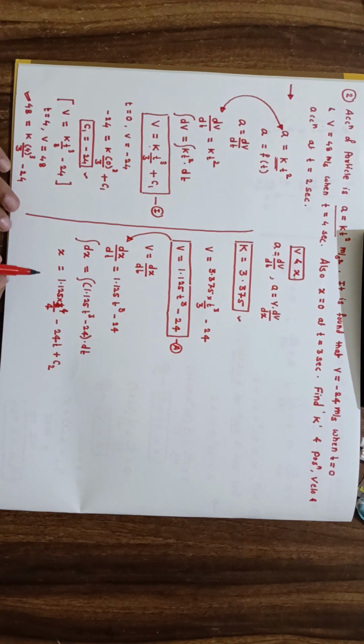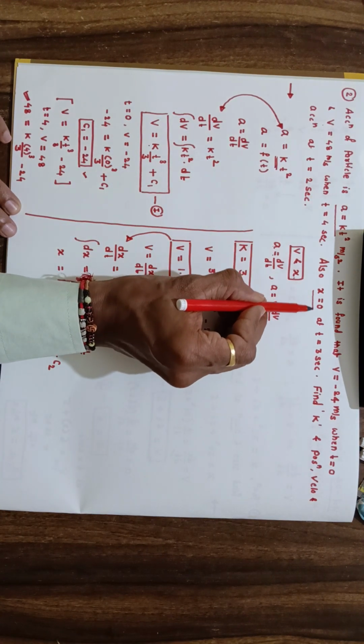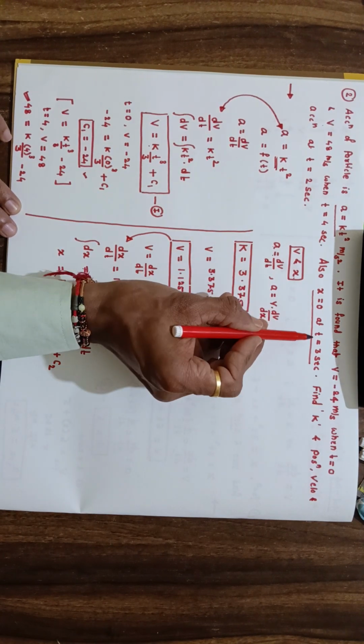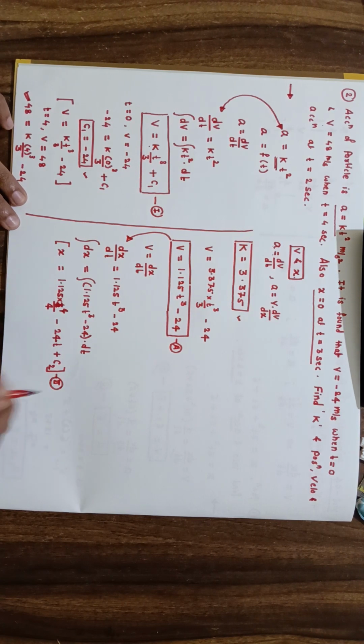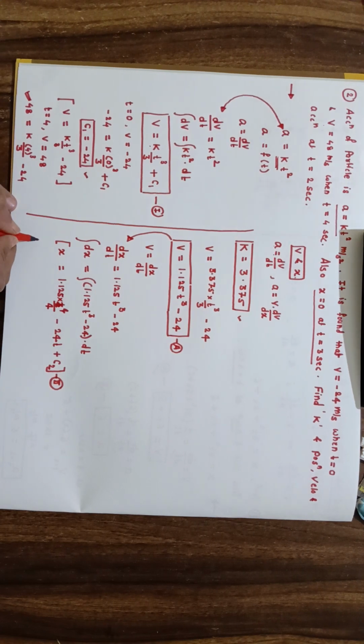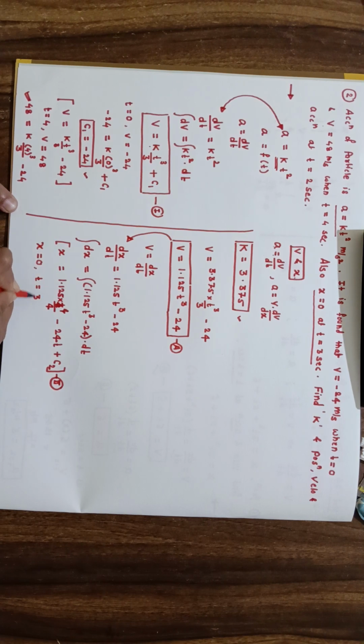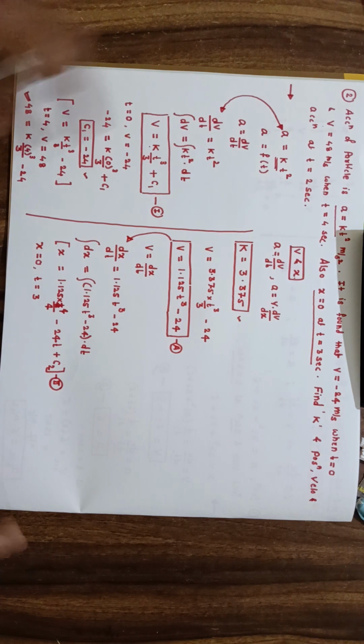Okay, now to get the value of c2, one condition is given. x is 0 when t equal to 3 seconds. So consider this equation as equation 2. Now use the condition when x equal to 0, t equal to 3 seconds. Okay, and put this condition in the equation 2.